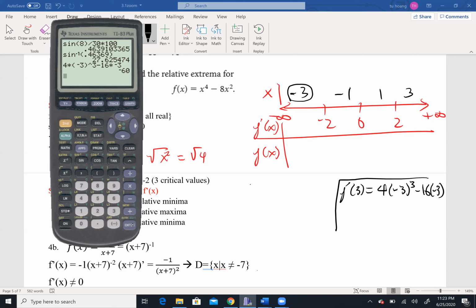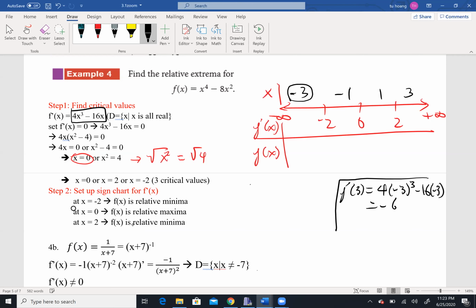That equals negative 60, so that means you have a negative here. Since f prime of x is negative, f of x is going down, or decreasing, here.